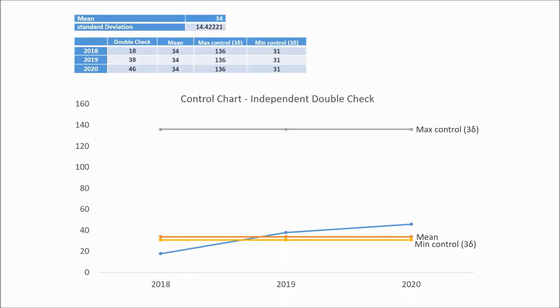So this control chart only needs to make the upper and lower control limits more clear.